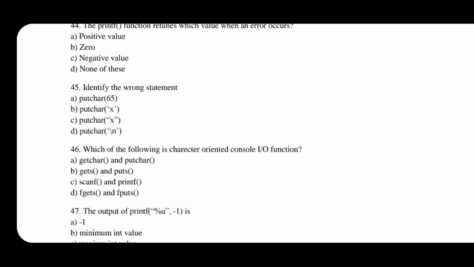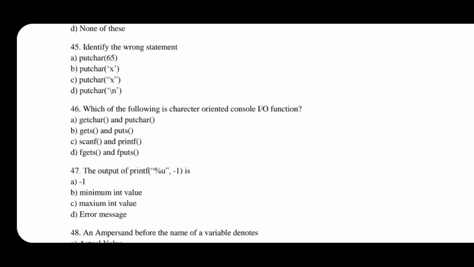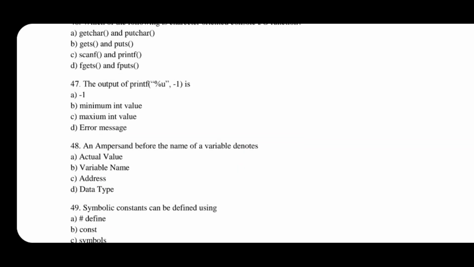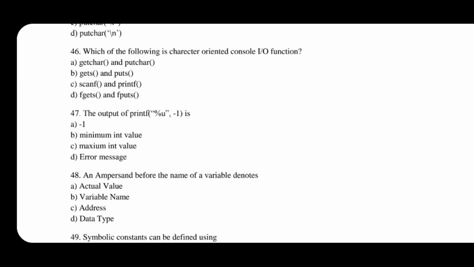So option number C is wrong because X is printed with the help of double quotes. So it's a wrong statement. Then question number 46, which of the following is a character oriented console input output function? So definitely getchar and putchar are the character oriented console input output functions, means conio.h.